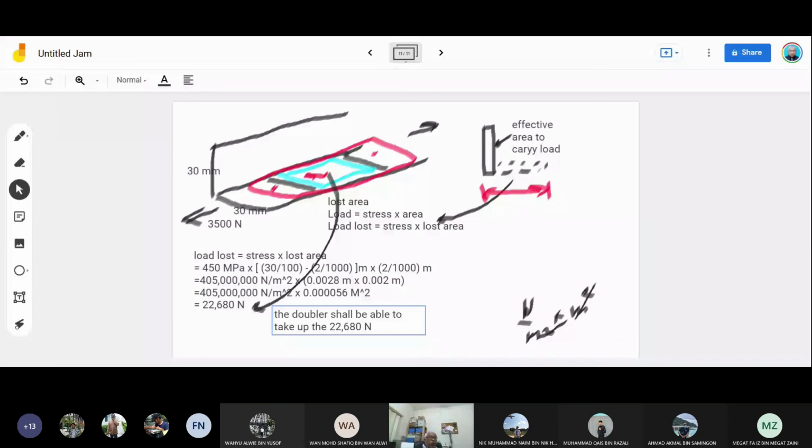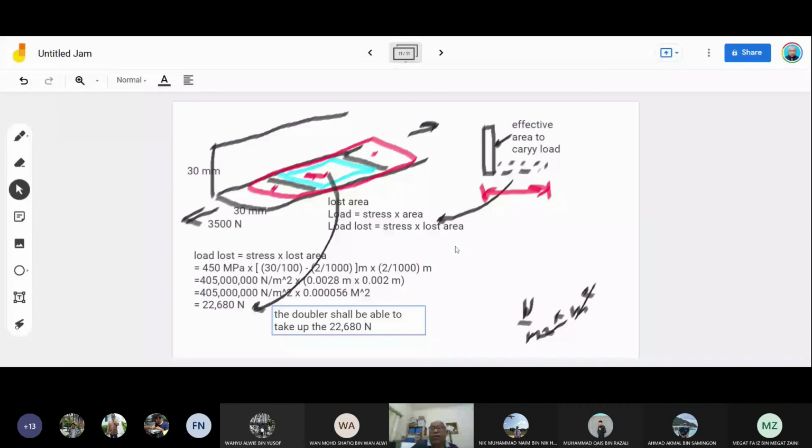One gauge thicker means it's one thickness thicker than 2 mm, and when you have one thickness thicker, obviously you easily get even higher than 22,680 Newton. We will do that later for the design or repair. However, now we're just looking at the analysis of the joints as well as the load loss.